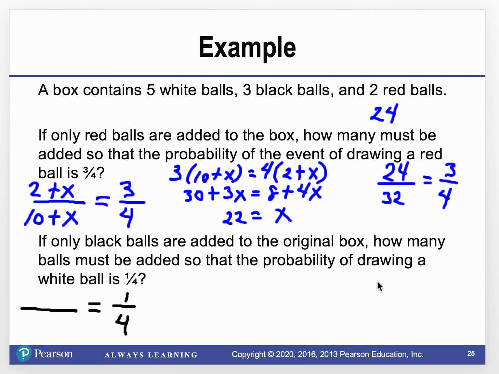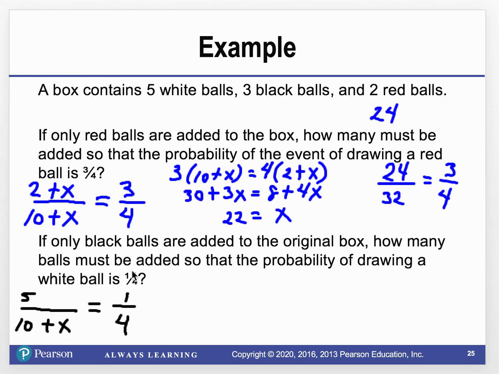All right, so I'm doing my probability of drawing a white ball. There are 5 white balls out of a total of 10 balls. That's not the same probability, so I'm going to add black balls to the box. I'm adding to the total, but the number of white balls isn't going to change like it did up here, because both of those involved red balls.